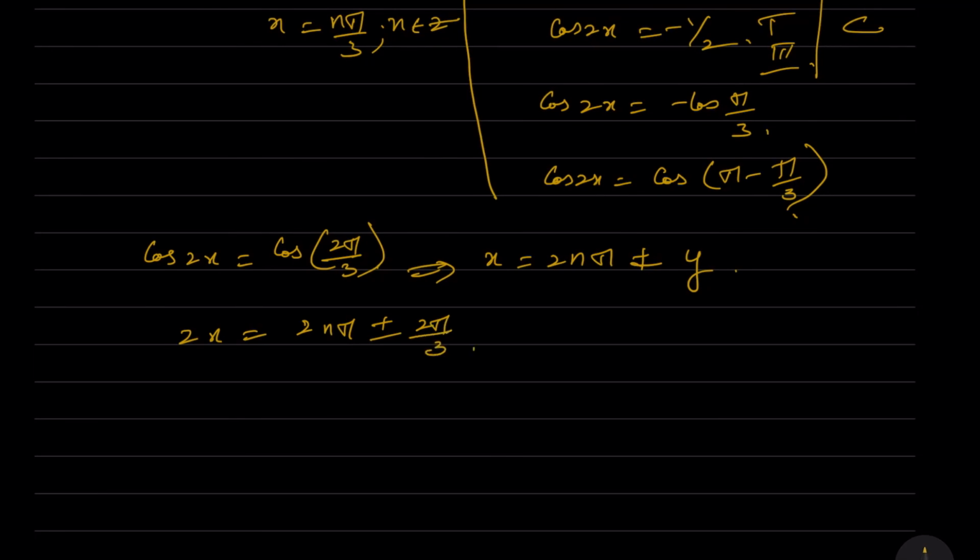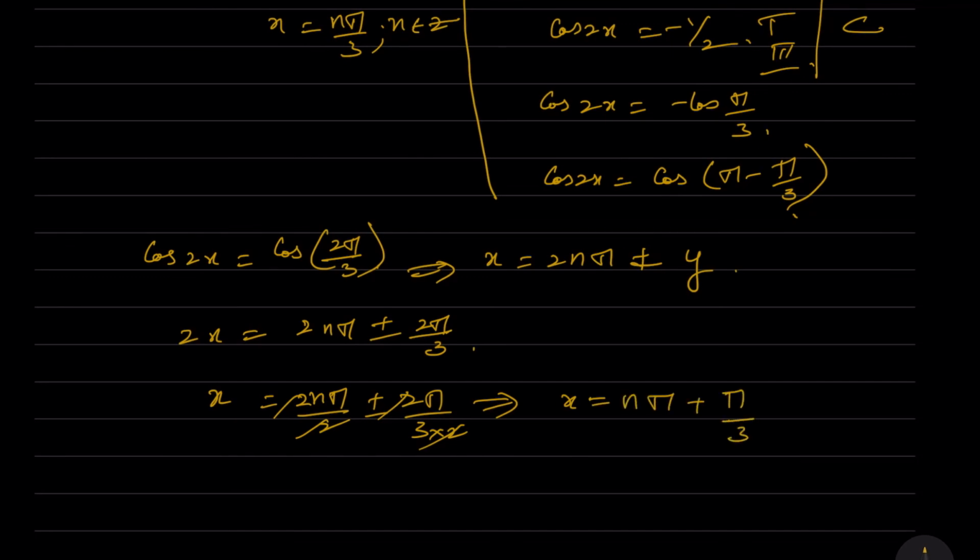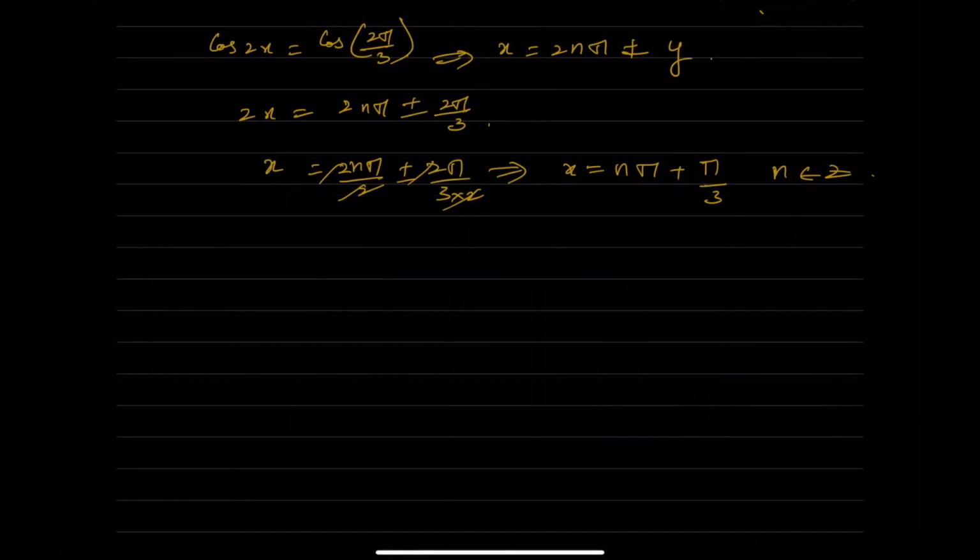So if you bring this to the side, 2 pi by 3 divided by 2, you get x is equal to n pi plus or minus pi by 3 for n belongs to z. So this is the general solution for this problem.